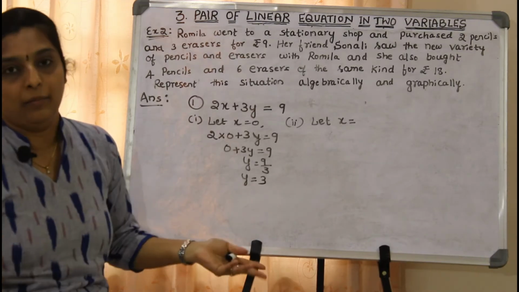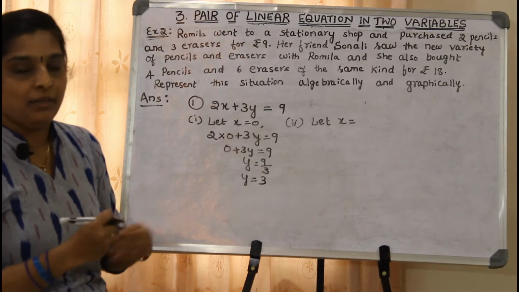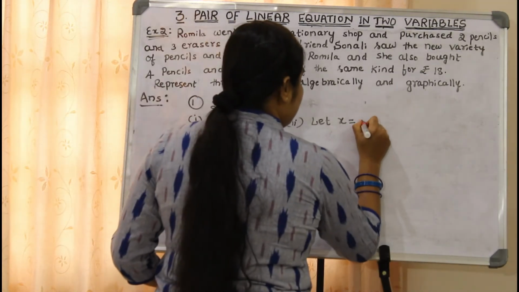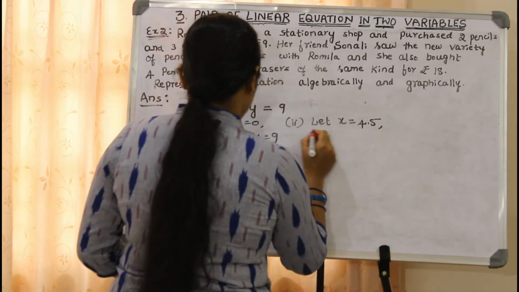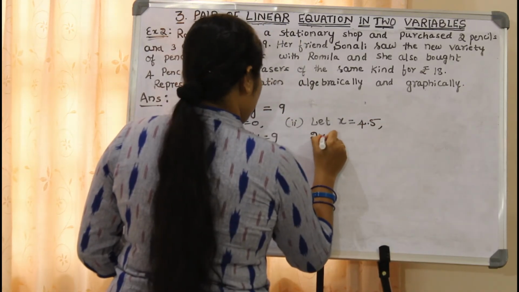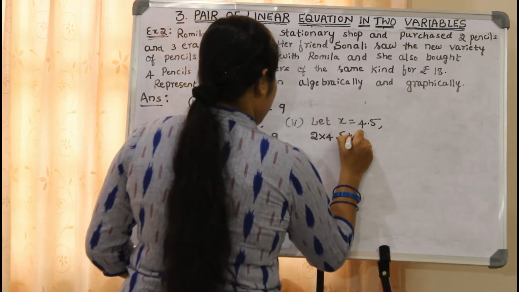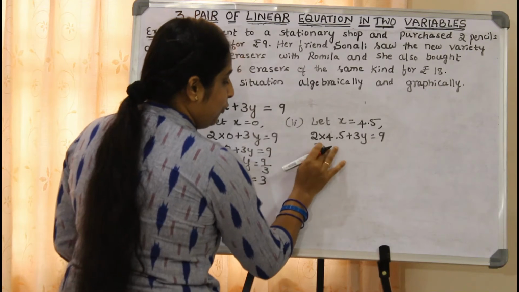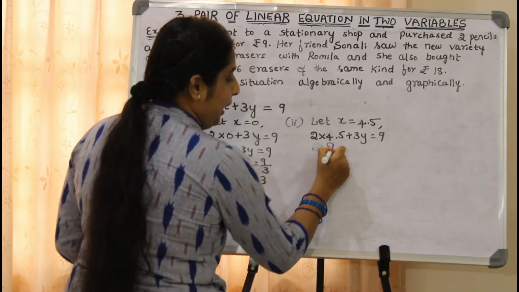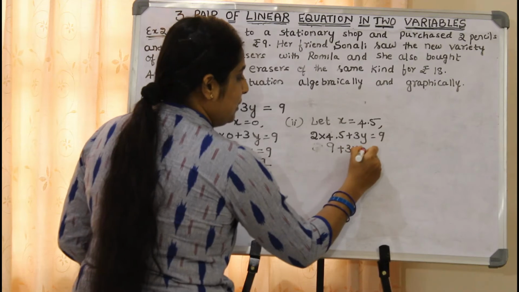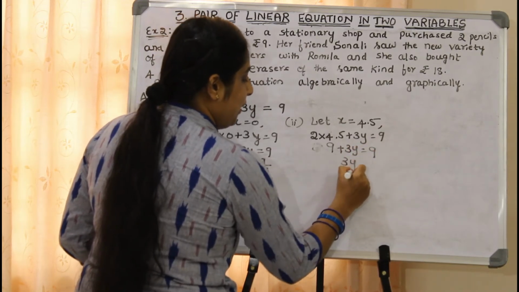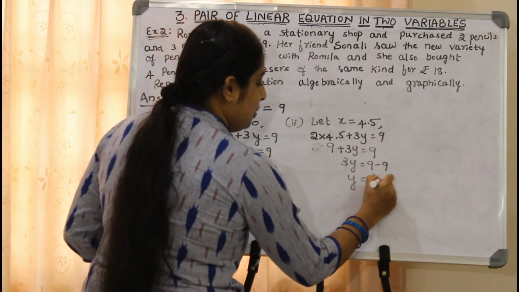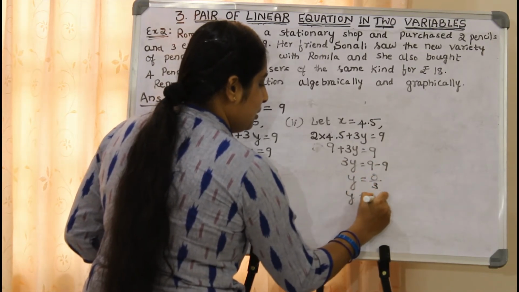You can take any number for that case, but for the simplicity of the answer, I am just taking 4.5. 2 into 4.5 plus 3y is equal to 9. 2 into 4.5 is nothing but 9, plus 3y is equal to 9. So 3y is equal to 9 minus 9. Y is equal to 0 by 3, and y is equal to 0.